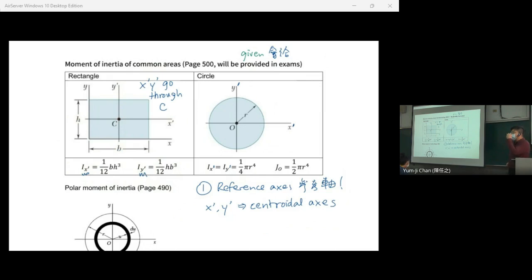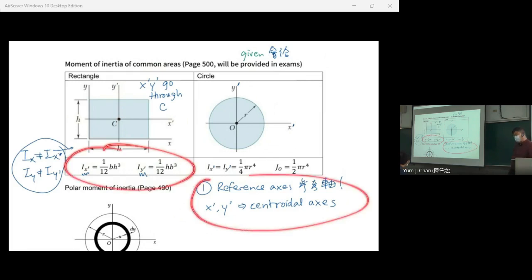I will show later today or on Thursday that Ix is not equal to Ix prime, and Iy is not equal to Iy prime. What I give you are the values with respect to the centroidal axes, the ones that pass through point C. That's the first thing.